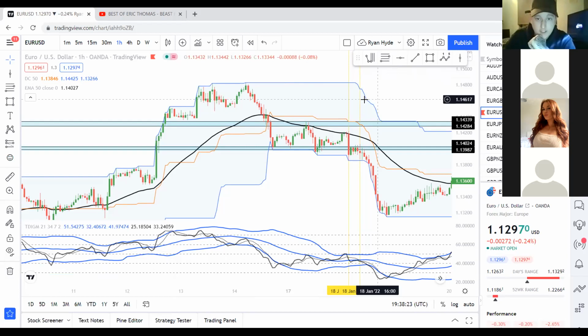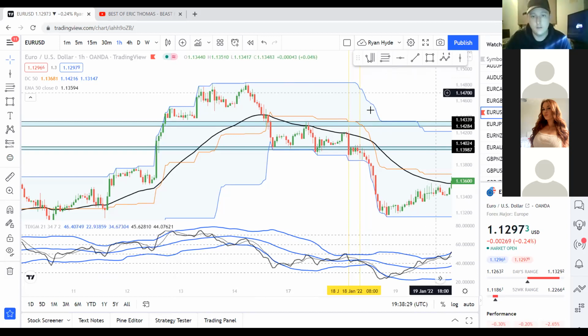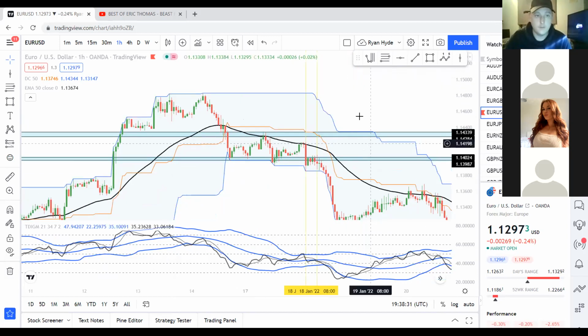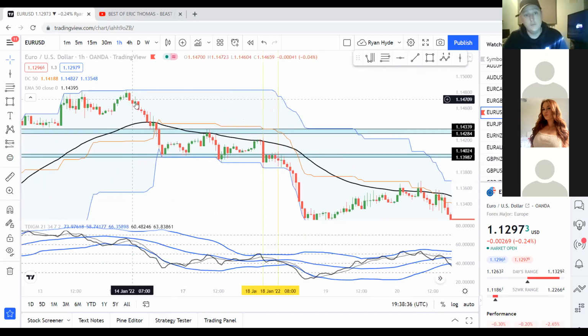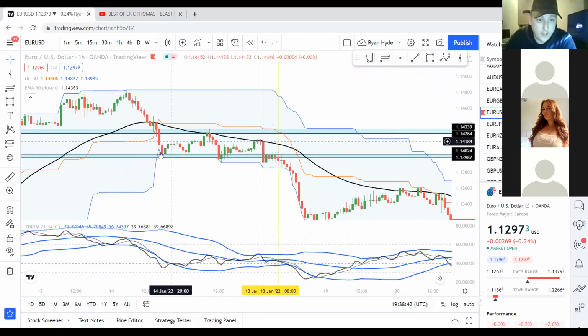So basically, I've just got an example here. As you can see, price has come down and created this pivot point in the market.